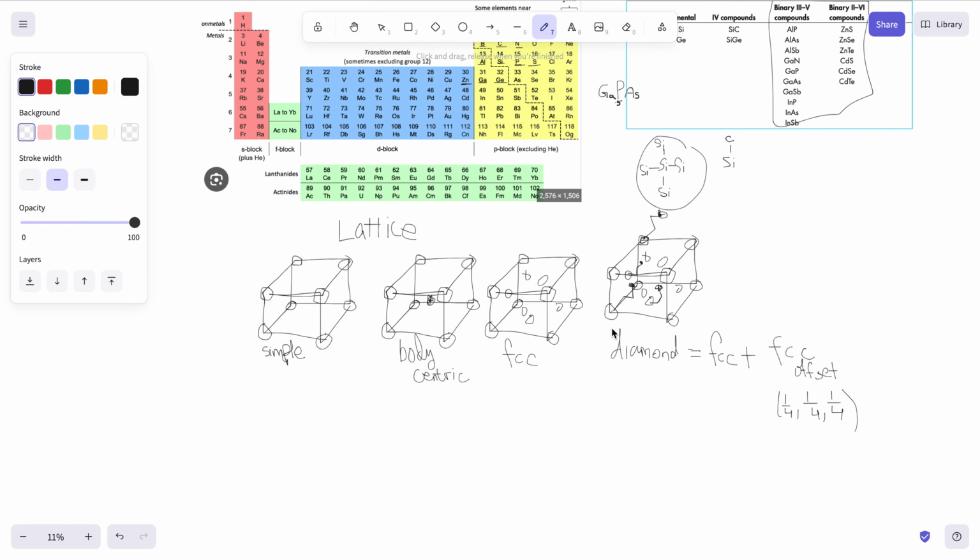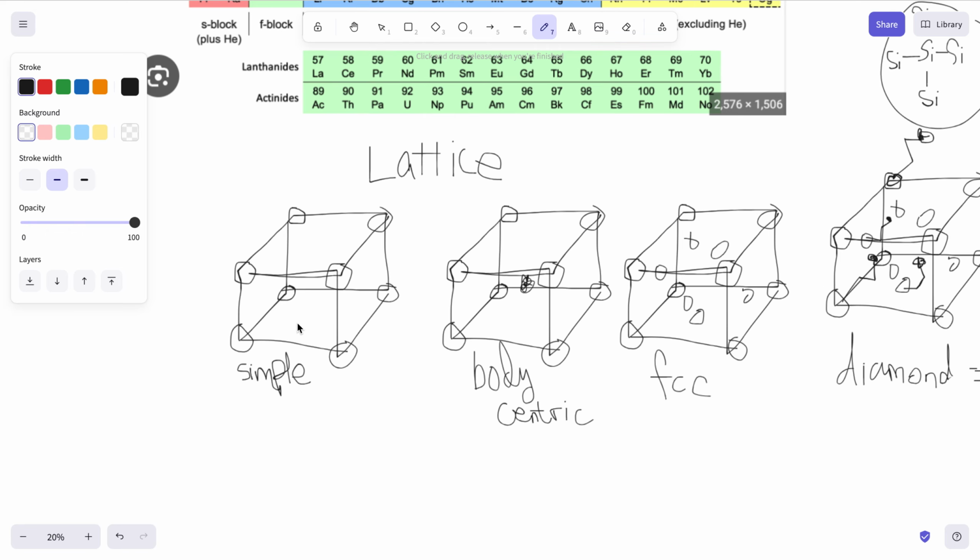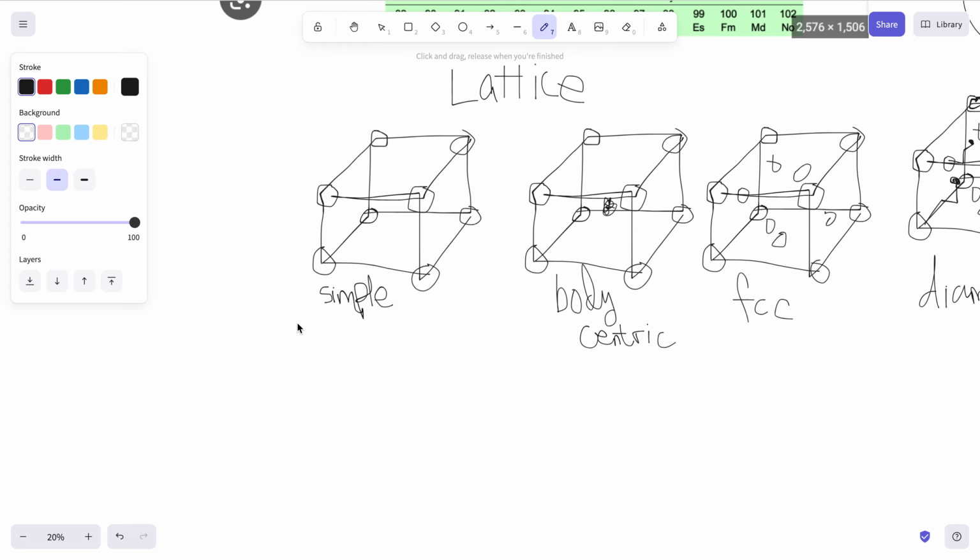And so these are the four main lattice structures that we need to know. Now, we can analyze certain properties for these lattice structures. For example, how many atoms are in each? So in a simple cubic, for example, we can count how many atoms there are. Since each of these corner atoms occupies only a fraction of the unit cell, we can just add up the fraction times the number of atoms in space, which is 8.